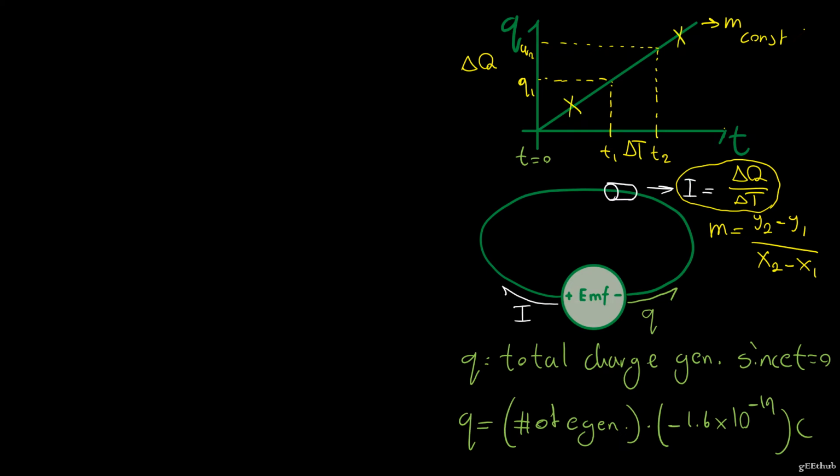So you might ask, what if my QT graph wasn't linear? How would you calculate current then? What if my QT was something like this? What if it was something like this? Then I know that my current changes also. Now I have a time-dependent current.